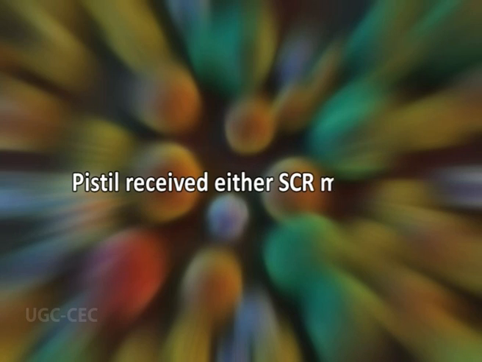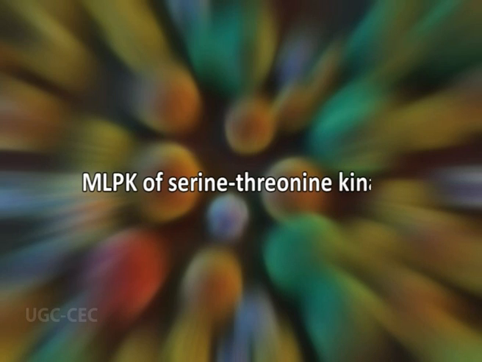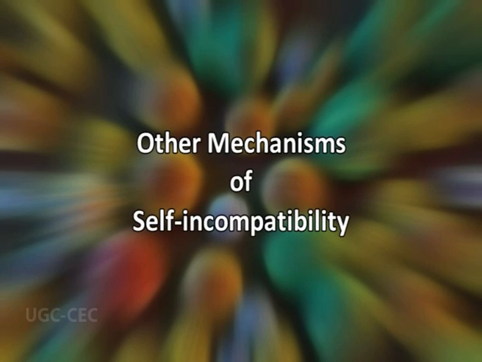If the receptors on the pistil receive either SCR molecule, the kinase activates many reactions that make the stigma functionless for pollen grain germination. Another protein, MLPK, of serine-threonine kinase nature, is attached to the plasma membrane and has been reported to have a role in pollen inhibition. Other mechanisms of self-incompatibility.